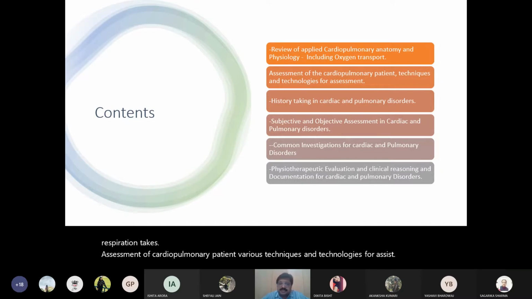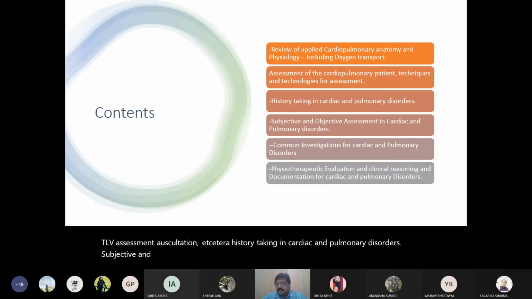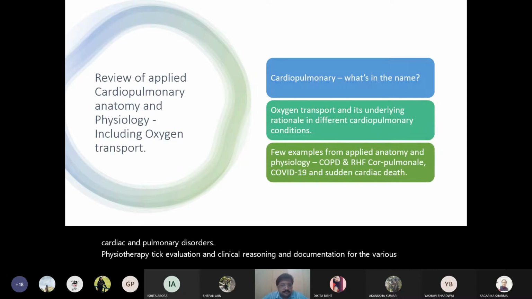Airway assessment, auscultation, etc. History taking in cardiac and pulmonary disorders. Subjective and objective assessment in cardiac and pulmonary disorders. Common investigations for cardiac and pulmonary disorders. Physiotherapeutic evaluation and clinical review and documentation for the various cardiac and pulmonary disorders.